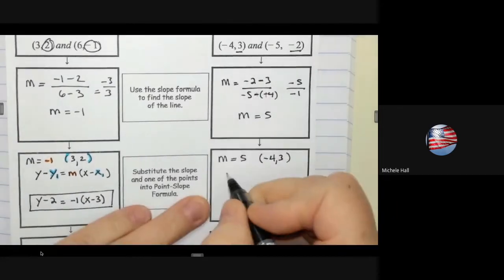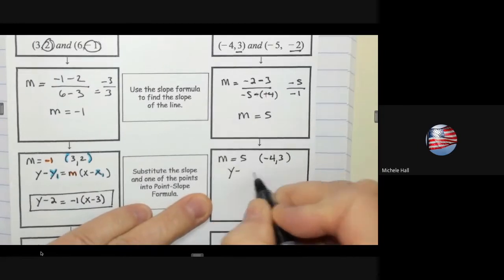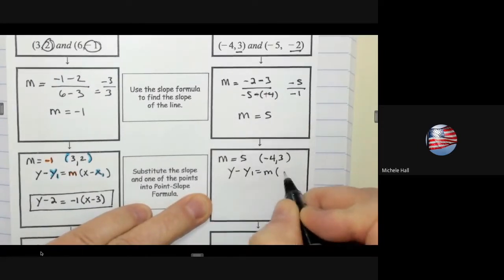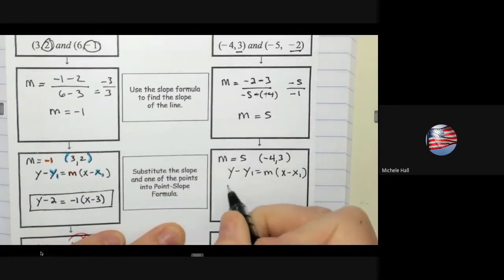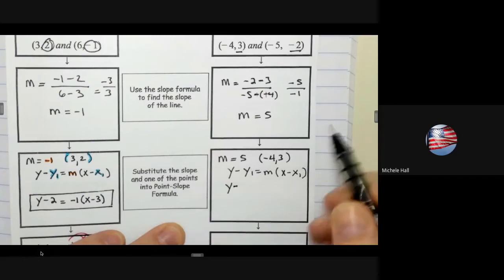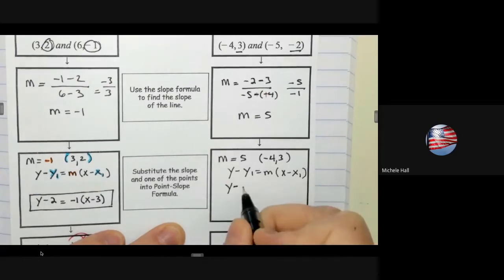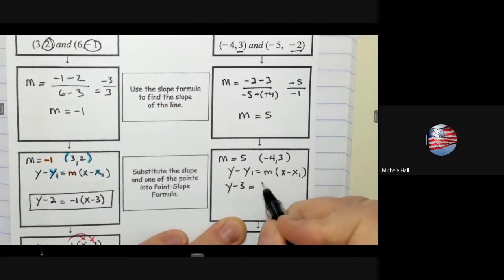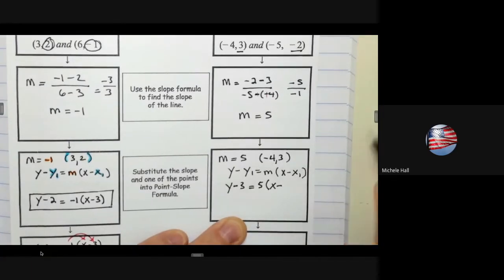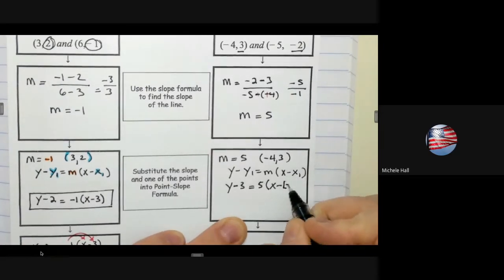All right, so I'm going to write my formula. y minus y1 equals my slope times x minus x1. We have y minus, our y value is 3, equals my slope of 5 times x minus x1, which is -4. So there you're seeing that double negative.